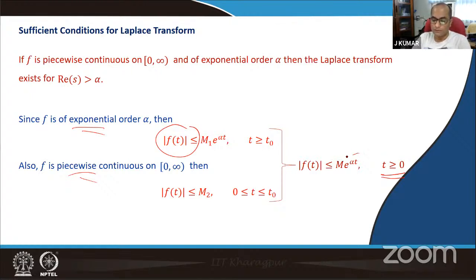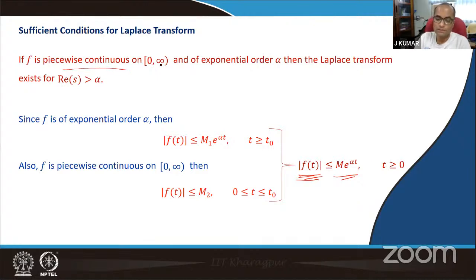You just remember this exponential function is everywhere greater than or equal to 1. So if we choose this m bigger than m1 and m2, then we can combine these two conditions into one, which includes both exponential order and piecewise continuity. So f(t) is bounded by m e power alpha t.